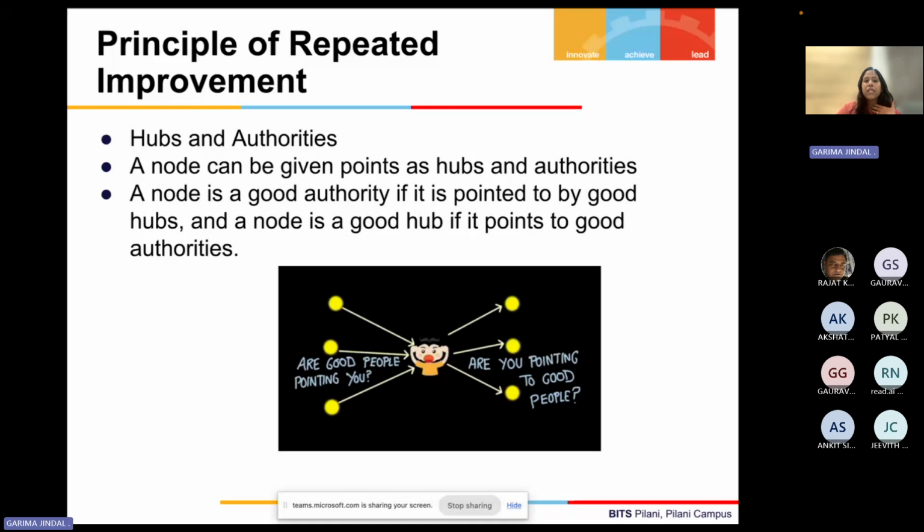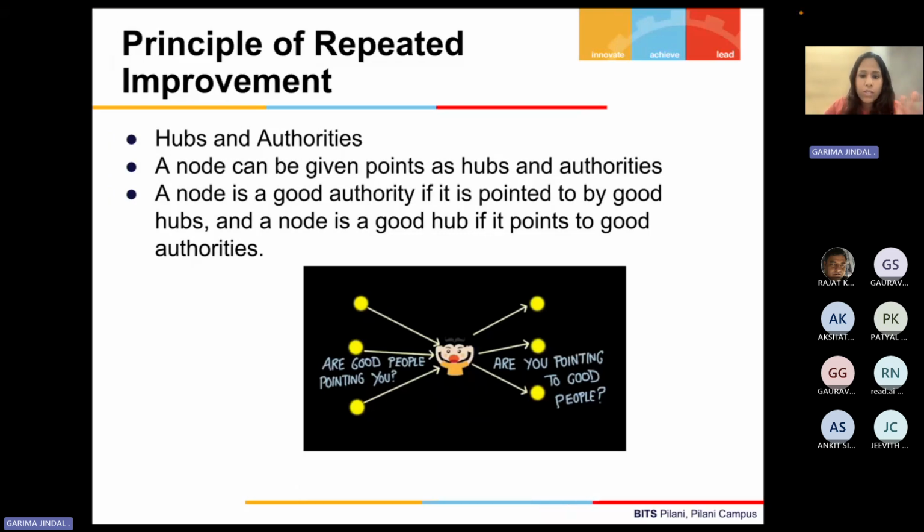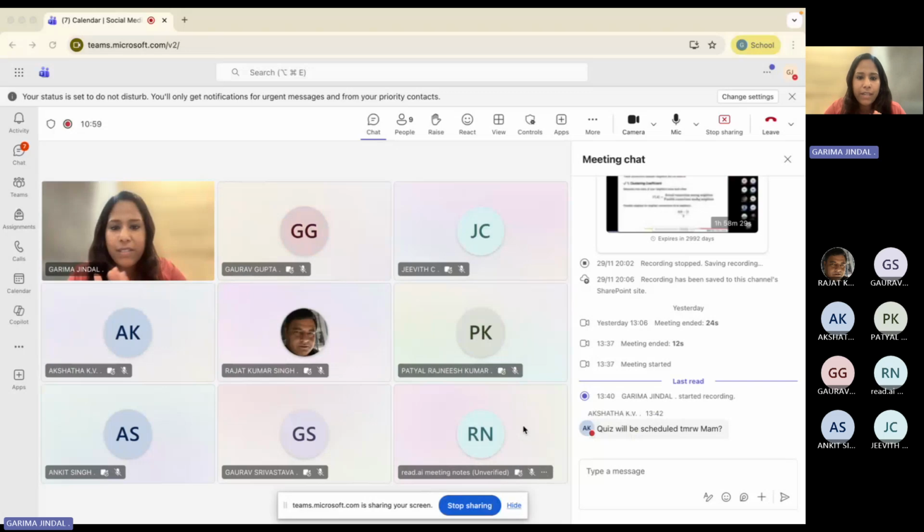Now let me take another example. Till now, we have studied that in networks, generally, people are giving feedback about or suggesting certain places. Based on the feedback, we give ratings to the places, and the ratings of the places affect the rating of the person, and so on.